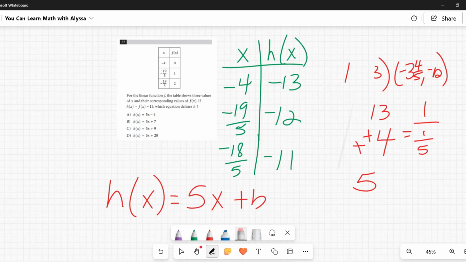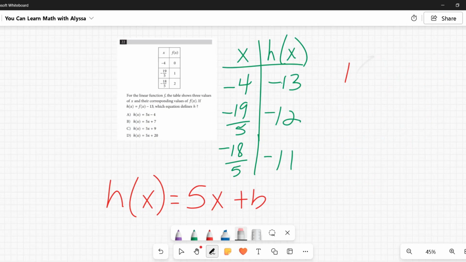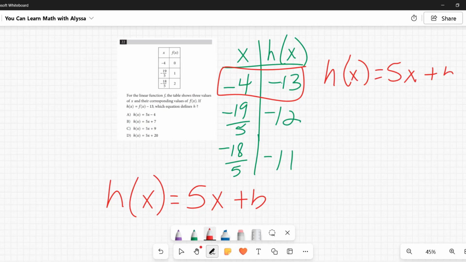And to solve for b, I can pick any point. I'm going to pick this first one here again. I get that h of x equals 5x plus b. I know that my x is -4, and my h of x is -13.